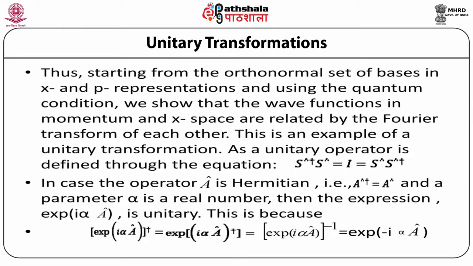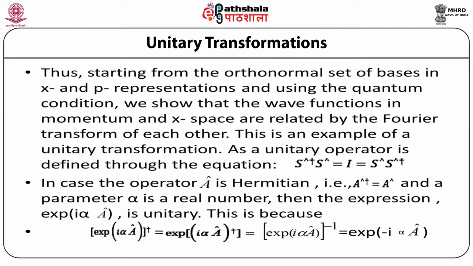In case the operator A is Hermitian, that is, A† is equal to A, that is, the operator A is equal to its adjoint, and we have a parameter α which is a real number, then the expression exponential of iαA is unitary.